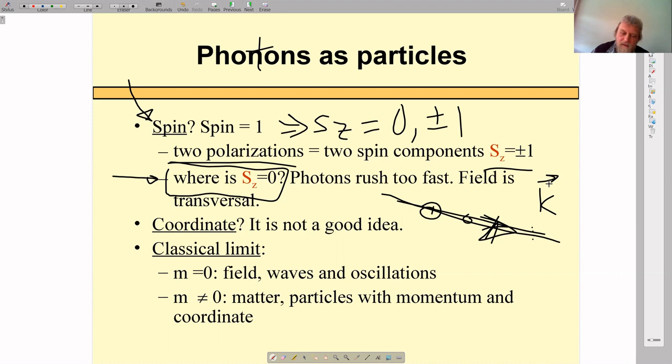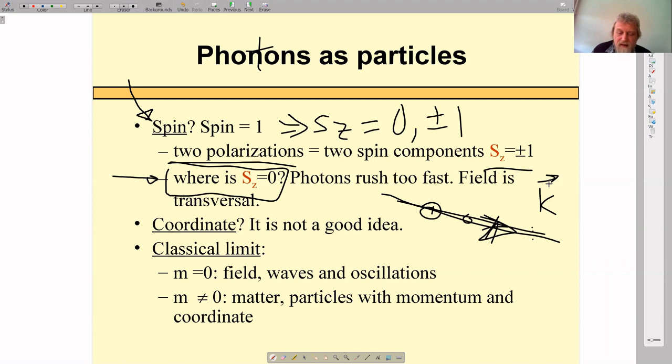What I also wanted to say: there is a simple way to classify different particles, different elementary fields which come in our universe, with respect to the relativity principle.